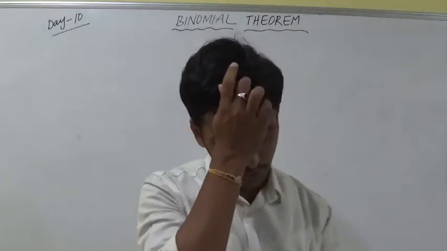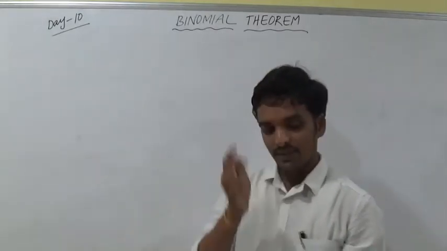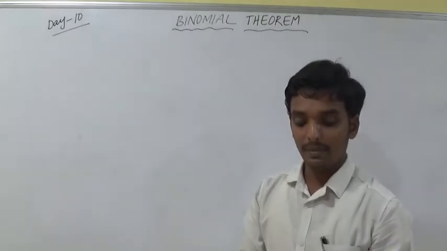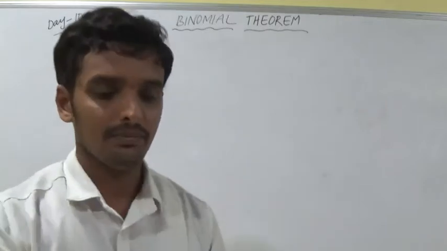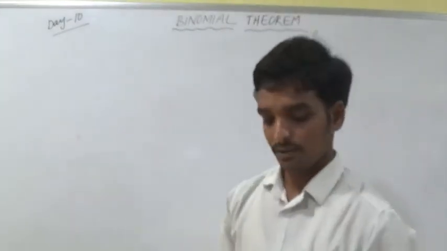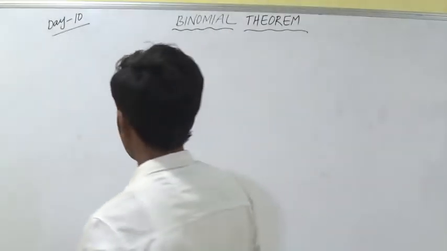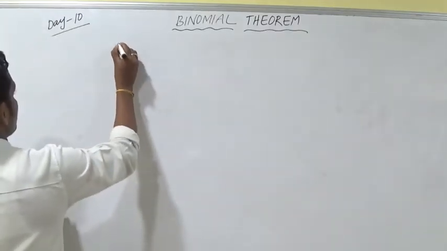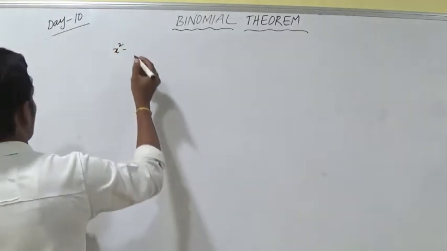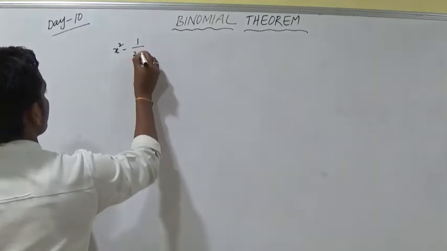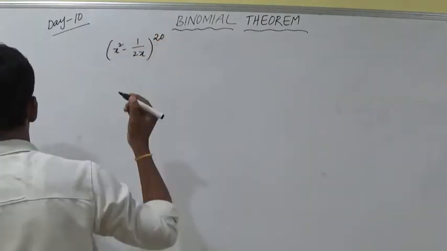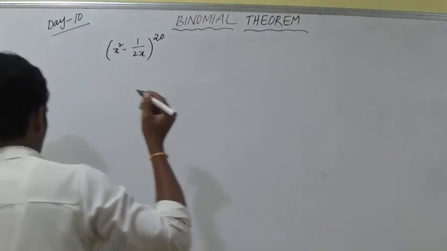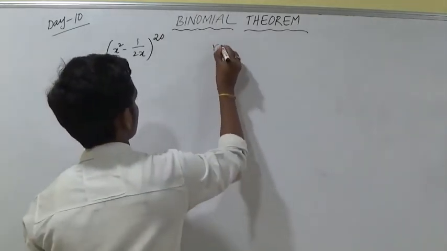Now we are doing the 14th problem. If the rth term is the middle term in the expression x square minus 1 by 2x whole power 20, find the r plus 3th term.